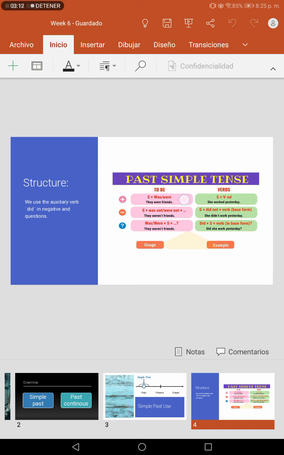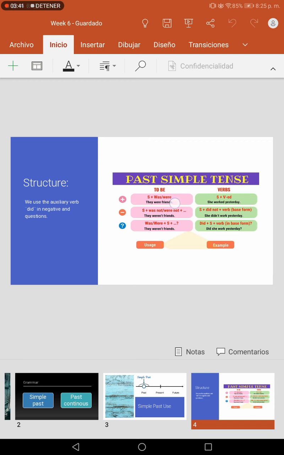So when we have the verb to be, the first thing that we need is the subject, nuestro sujeto. And after the subject, we need the verb to be form was or were. Remember that the difference between was and were is that was is used for singular subjects. Cuando nuestro sujeto es singular, vamos a usar was. For example, I was, she was, he was, it was, Pedro was, Fernanda was, and so on.